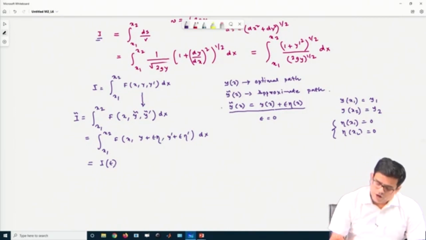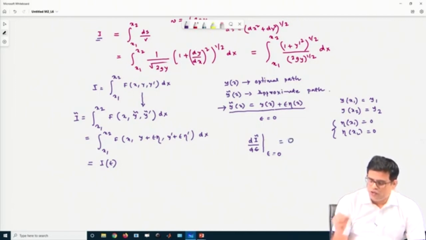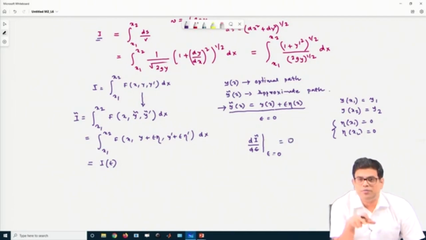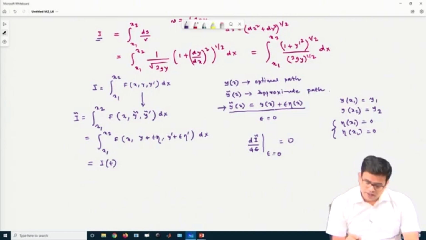This is evident from this approximation. Essentially, d I tilde by d epsilon at epsilon equal to 0 has to be 0 for I tilde to be optimal. That optimal I tilde will give my optimal path y of x. So this is the basics of this.